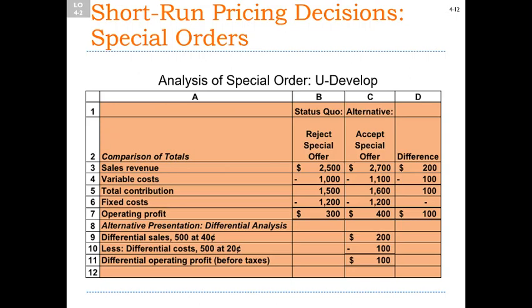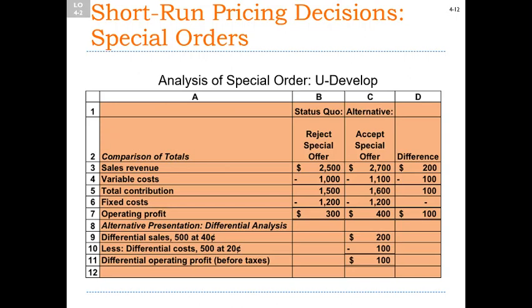And so looking at the alternative, that brings in $200 in additional revenue. It's 500 pictures that need to be developed times 20 cents per unit variable cost. That's going to add $100 to variable costs.